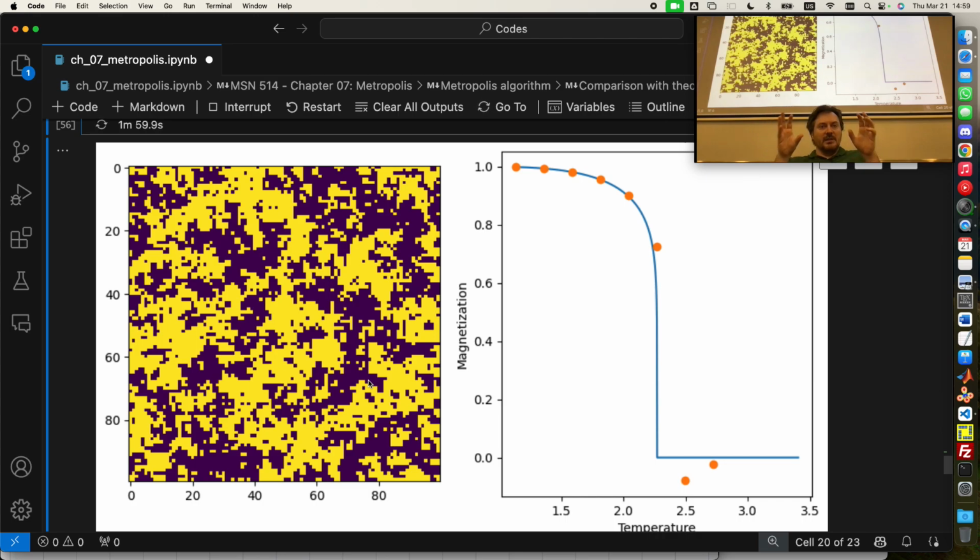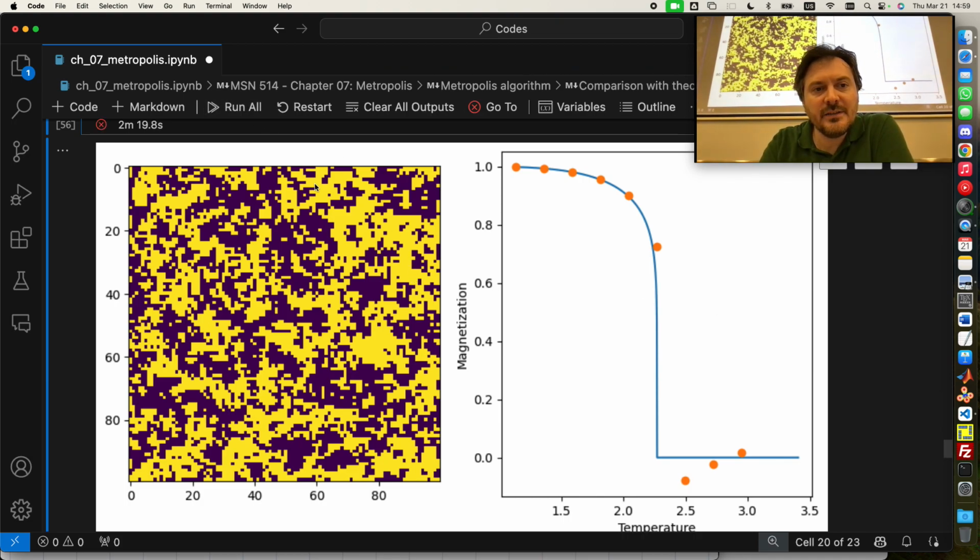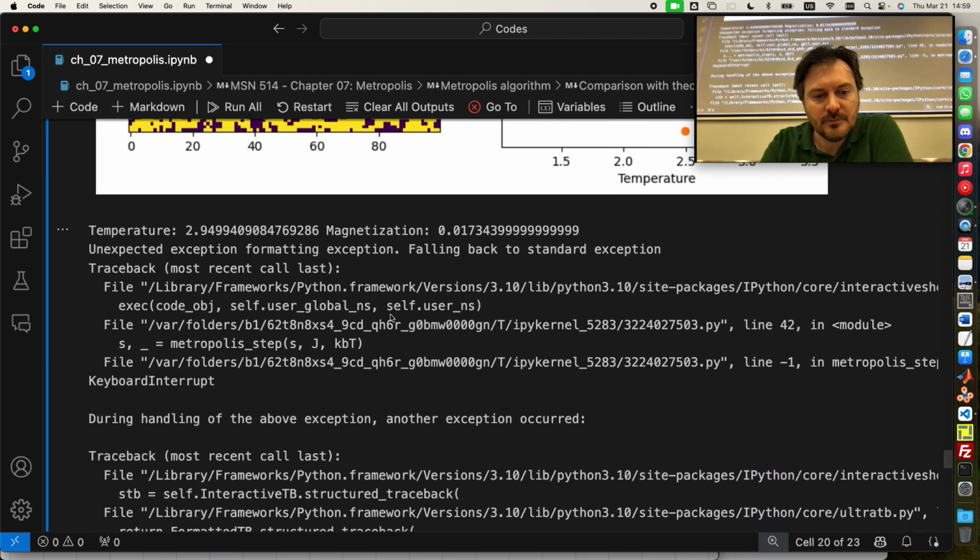I mean, it lets you sample the system properly. That was a fluke. I mean, normally it wouldn't go that way. It works.